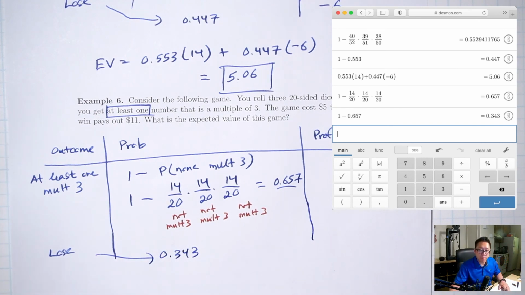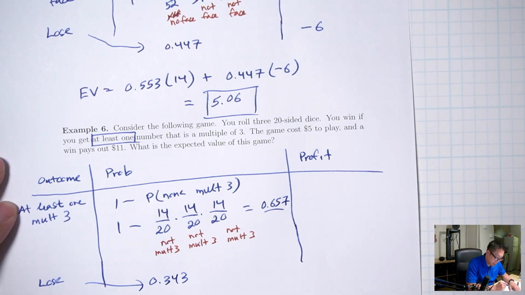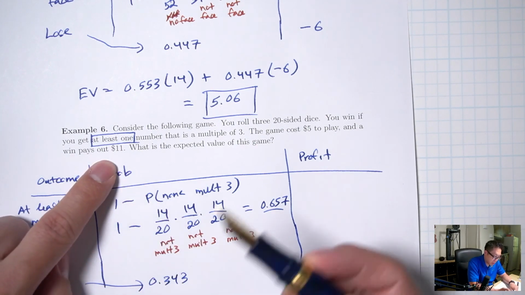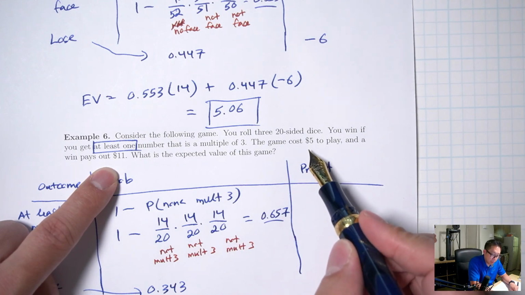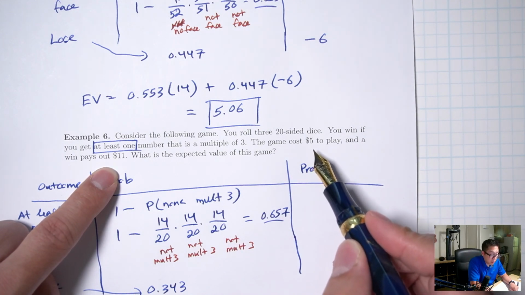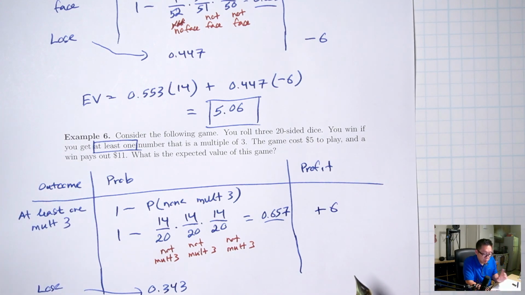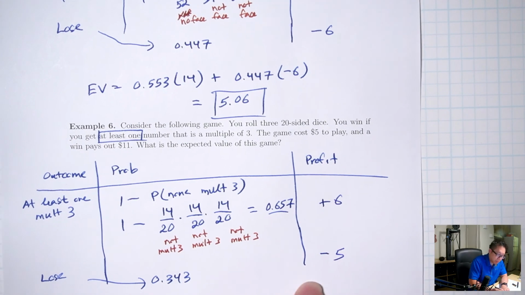Right, now the profit. If you get at least one multiple of 3, you win $11, but you have to subtract off what you paid to play, so 11 minus the 5 that you paid. 11 minus 5 is 6, so that's a plus 6. If you lose, you get nothing, so you lost the $5 that you paid, so you're down 5.